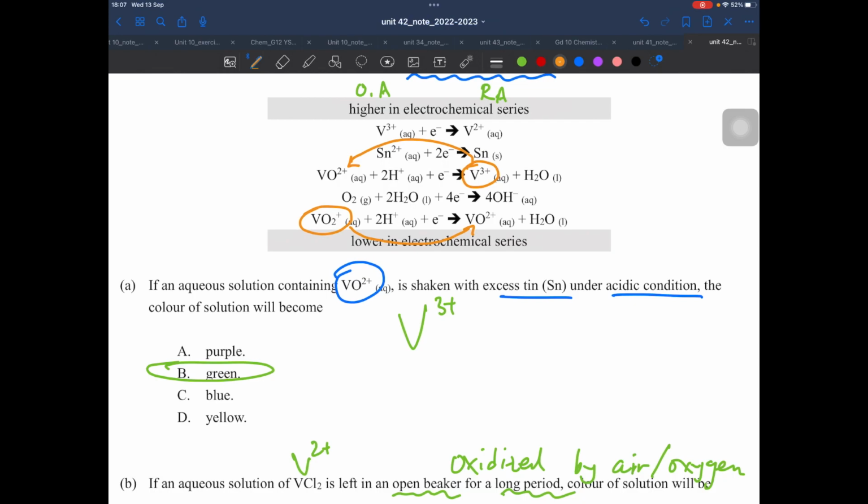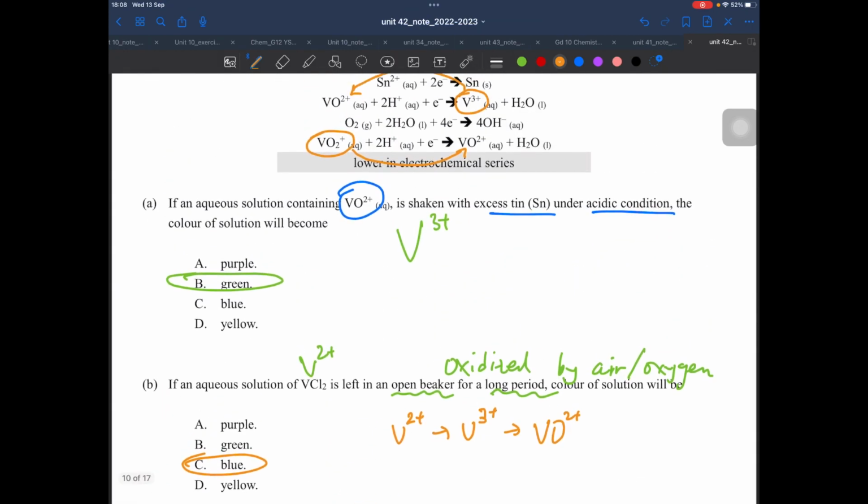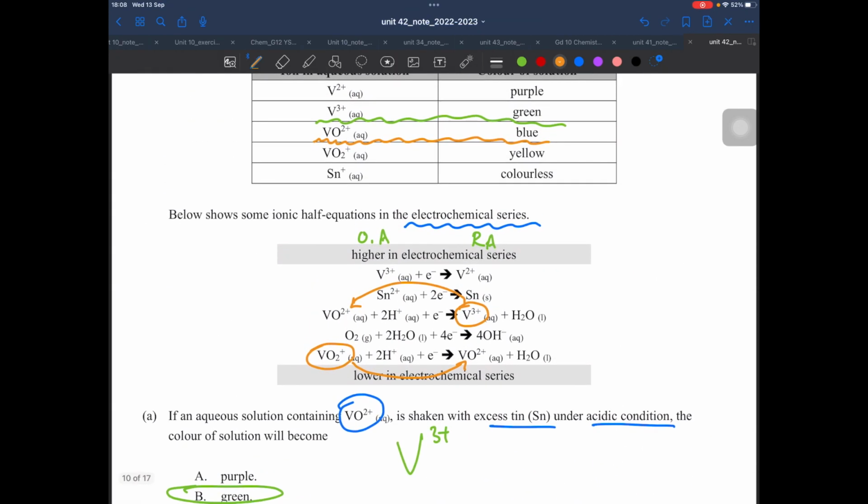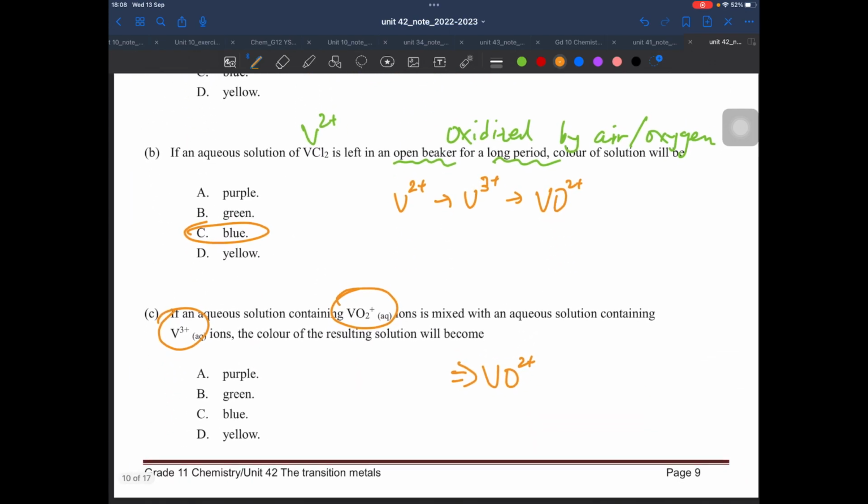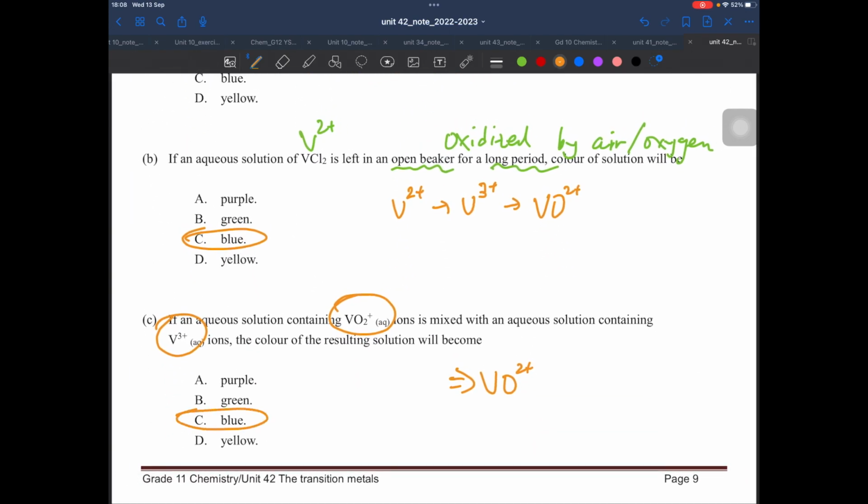Well, finally, both of them become VO double plus. Again, let's check. VO double plus is also blue, right? So if you got a good training in ECS, I'm sure there is nothing new for you.